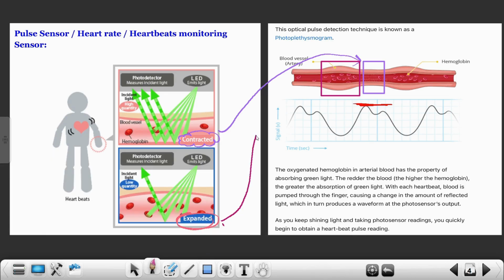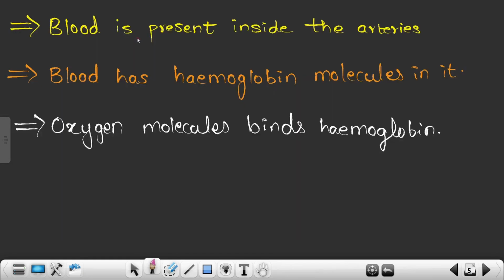When my artery is expanded, you can clearly see that the hemoglobin molecules present inside the blood are now more in number. Why? Because my artery is expanded, so the amount of blood present in this area also increases.